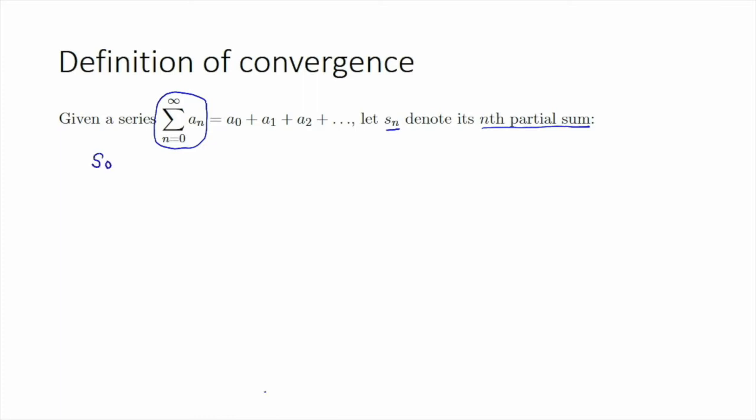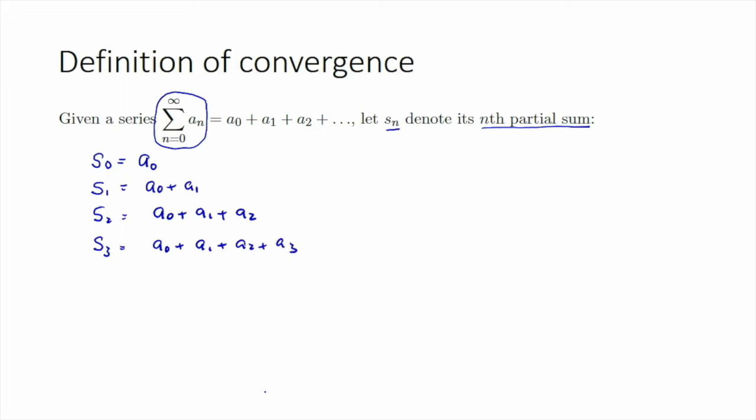S0 is the zeroth partial sum, and it is a0. S1 is the sum of a0 plus a1. S2 is the sum of a0 and a1 and a2. S3 is a0 plus a1 plus a2 plus a3.